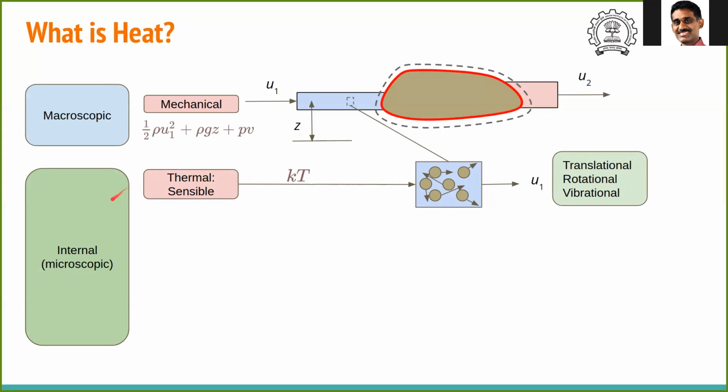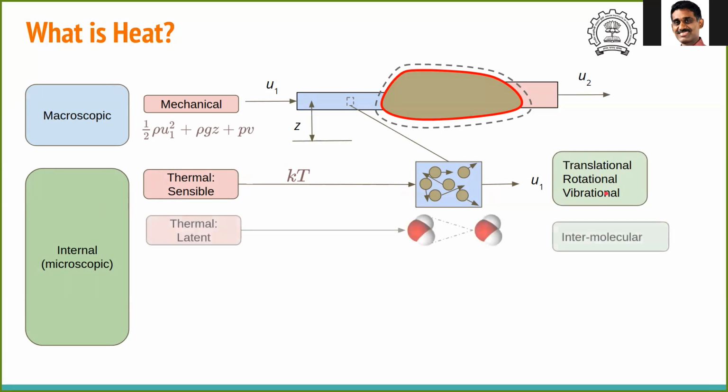So we have this internal energy, the thermal energy, which is related to the random motion of molecules. It could be random translational, random rotational, or vibrational. There is also another component of thermal energy, which is called the latent heat. Latent heat comes from interaction between molecules.